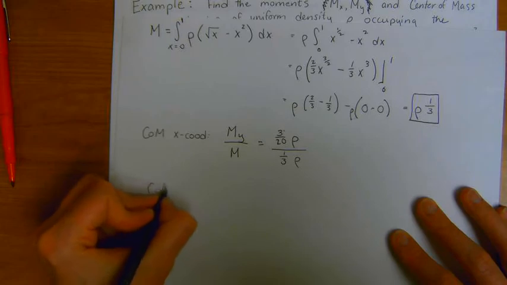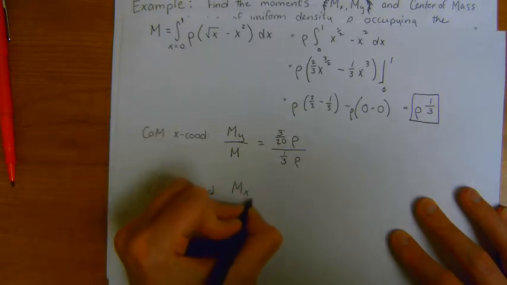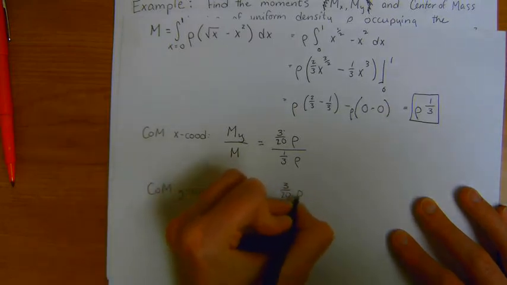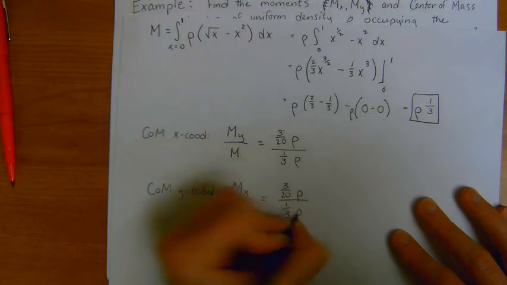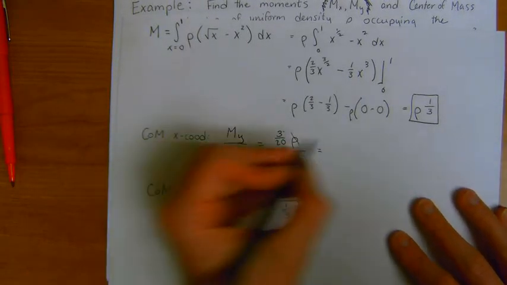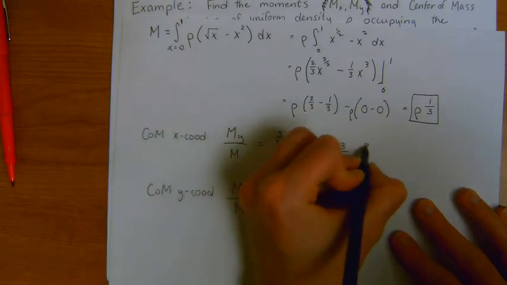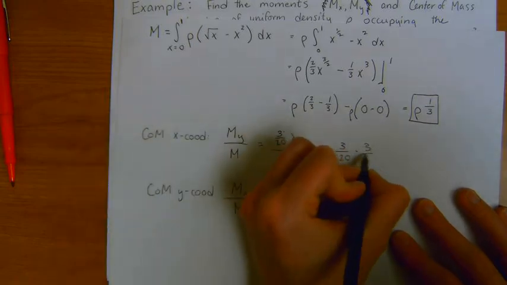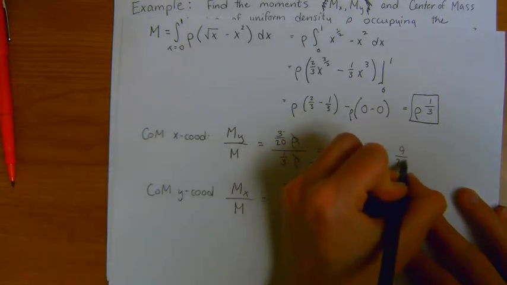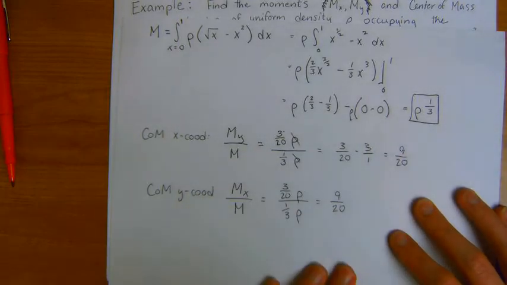And then the center of mass of the y coordinate is m sub x divided by m, which is the exact same value. Notice that the rhos cancel, and I'm dividing fractions, so this is multiplying by the reciprocal. I get 3/1, so this is equal to 9/20, and it's also going to be 9/20 for the other coordinate.